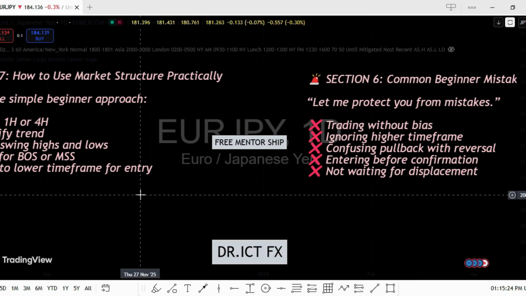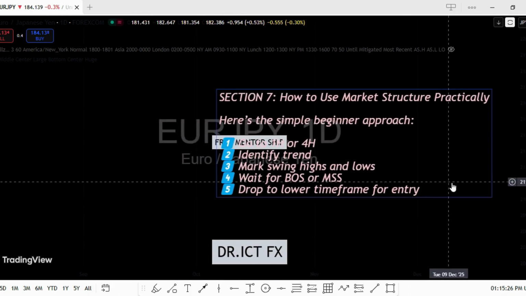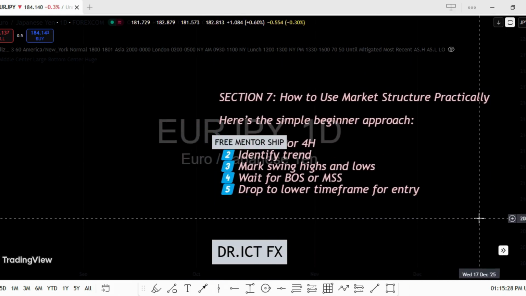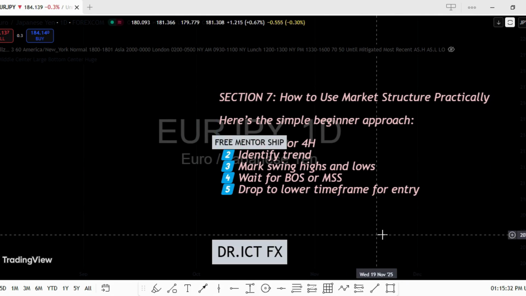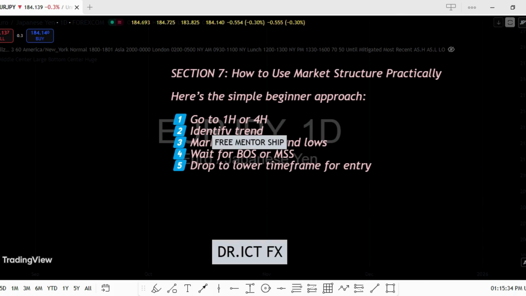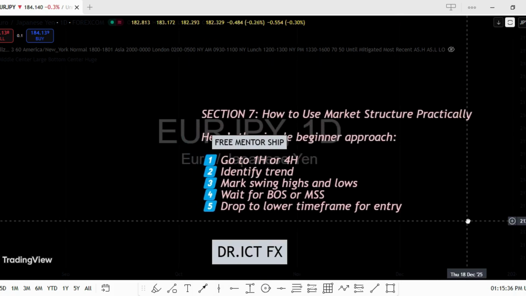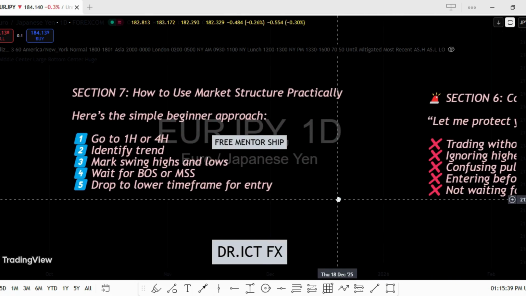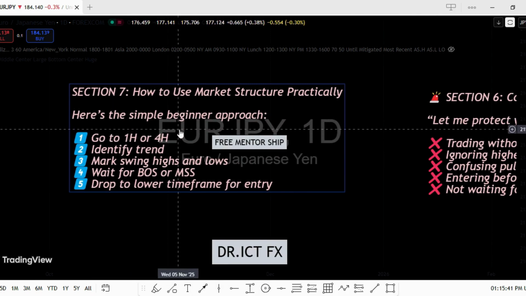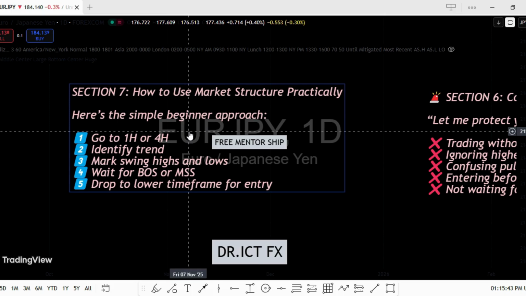And also our section 7, how to use market structure practically. Here is the simplest key rule that I normally use. I go to the higher time frame, which can be the daily, the 4 hour, and also the 1 hour.